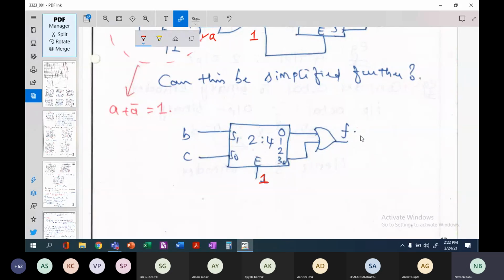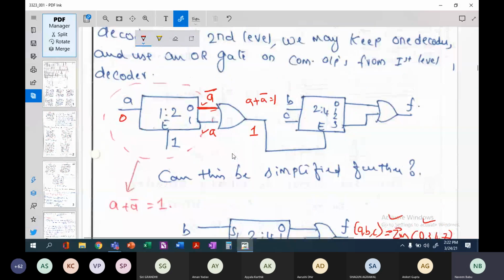Still the same function can be implemented here also. That is f of a comma b comma c. Still it will work in terms of 0, 3, 4 and 7. Still this particular function will work. Provided the only thing is it is f of a value is equal to 1 comma b comma c. Right? Still the function is going to work. So any doubt here?